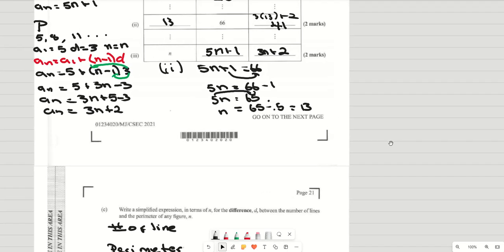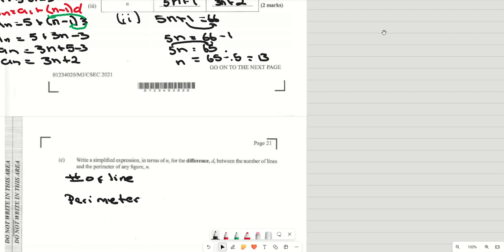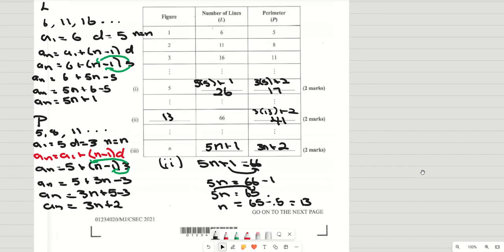They said in terms of N. So the number of lines is 5N plus 1, and the perimeter is 3N plus 2. They want to find the difference between the two. So it is going to be 5N plus 1 minus, open bracket, 3N plus 2.